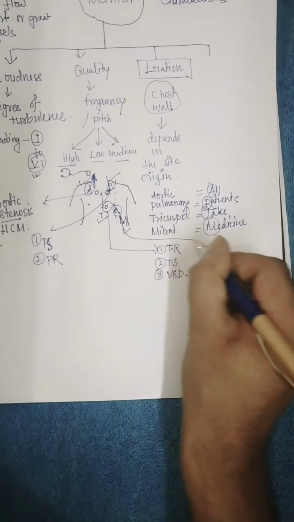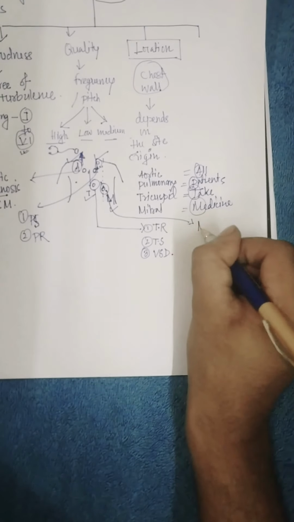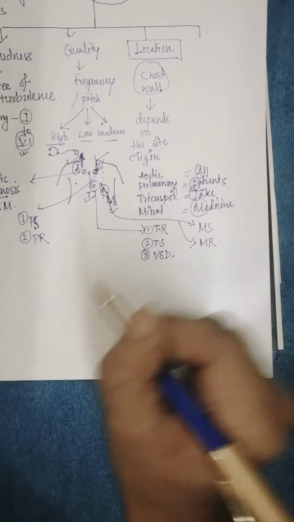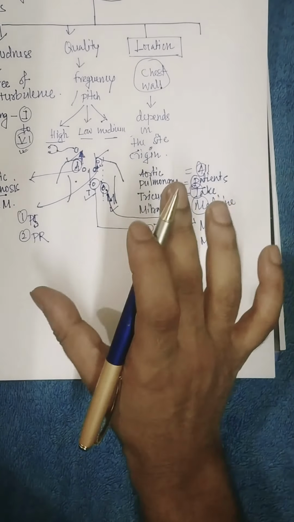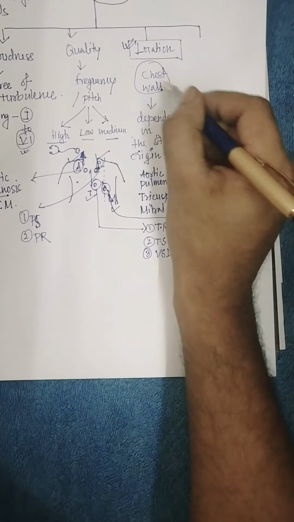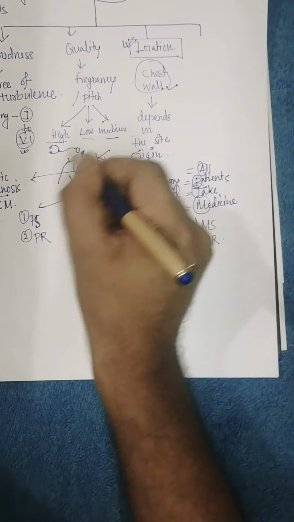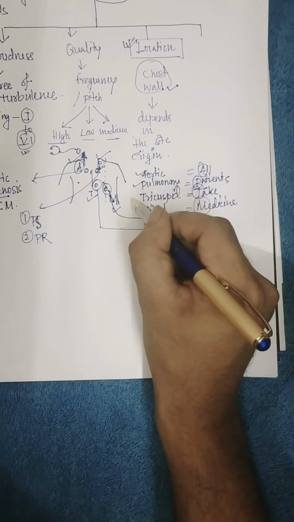In the mitral area, we find the murmur of mitral stenosis and mitral regurgitation. I hope this is clear. So the location of murmur is on the chest wall, and these are the auscultatory areas of the heart: aortic, pulmonary, tricuspid, mitral.